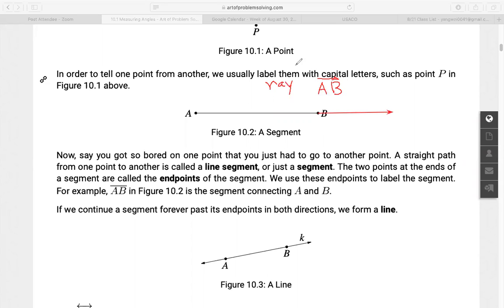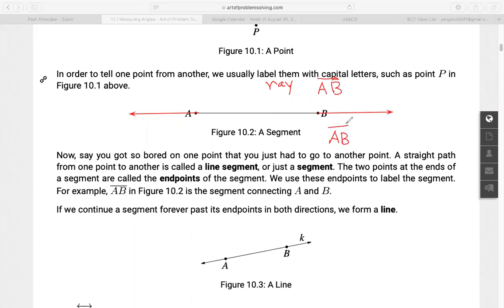You can also extend a ray to 2 directions, not only to the right side toward B, you can also do this way. By this way, you form a line we call AB.